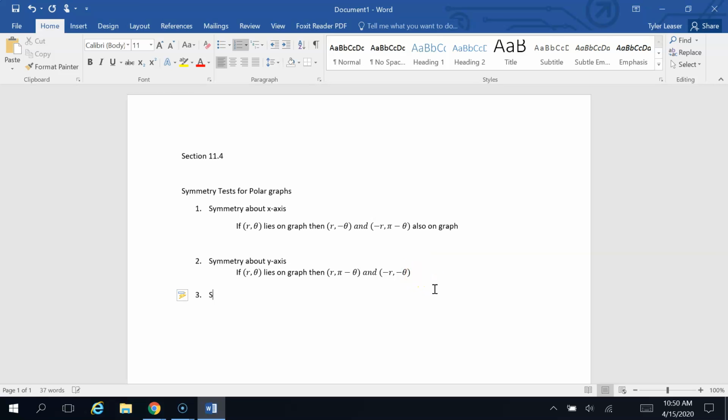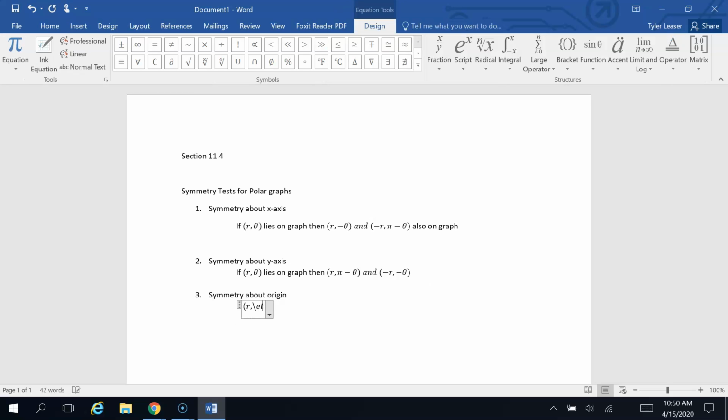There's one more kind of symmetry that we care about, and that's going to be symmetry about the origin. So symmetry about the origin means that if you reflect it over both the x and the y-axis, it matches up, or a better way of thinking about it is that if you rotate the graph 180 degrees, everything matches up. Same setup here.